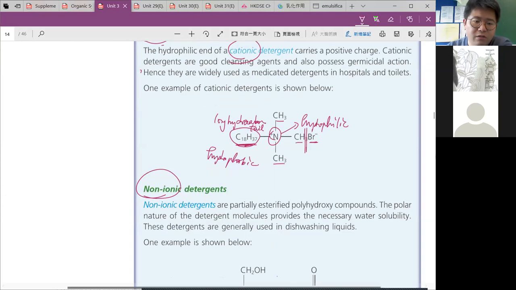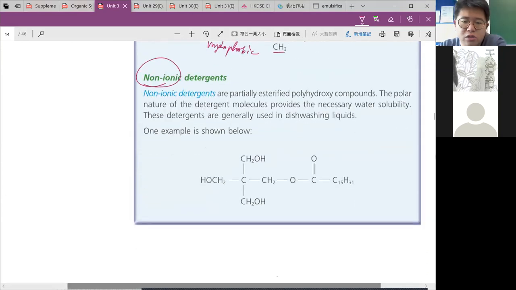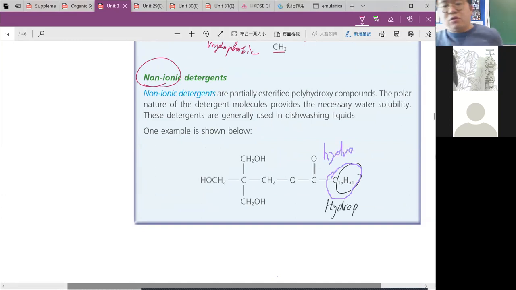Okay, how about this part? Non-ionic detergents. Similarly, could you please help circle it for me? Which one is hydrophobic, hydrophilic? Where? Yeah, good. It's easily found, right? It is hydrophobic. Good.